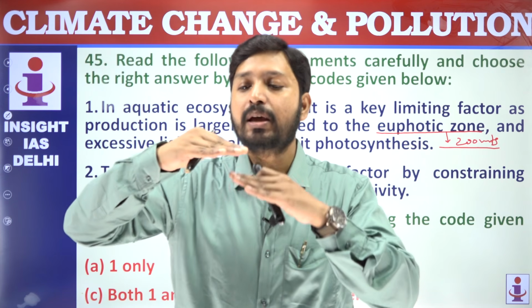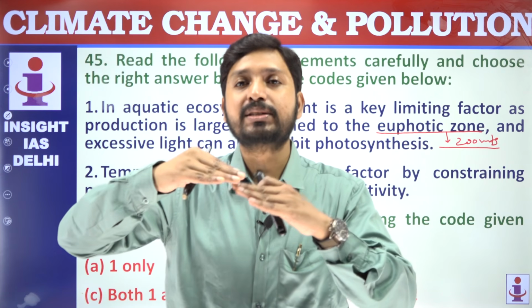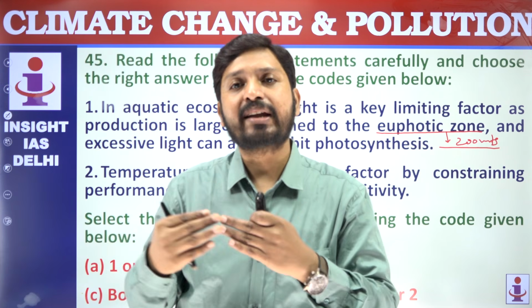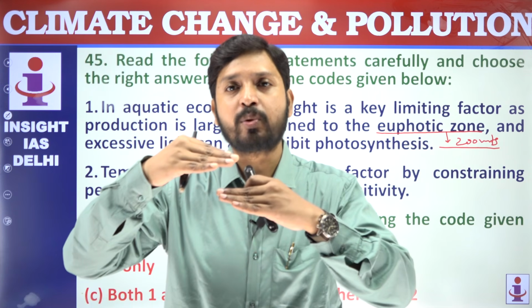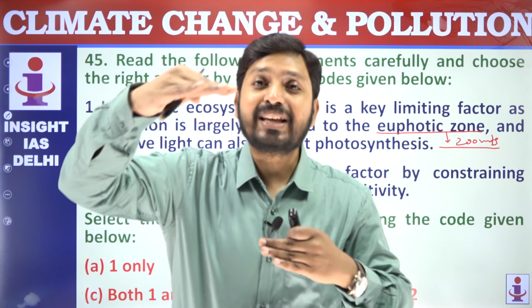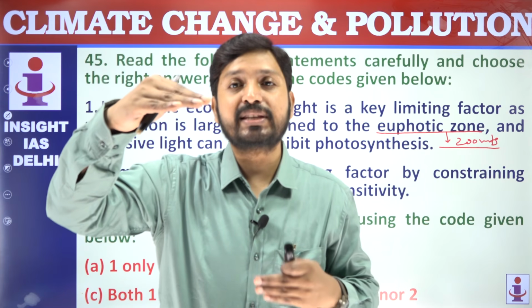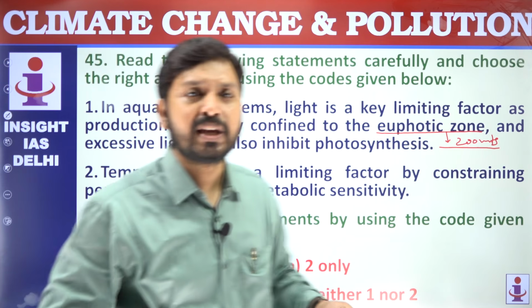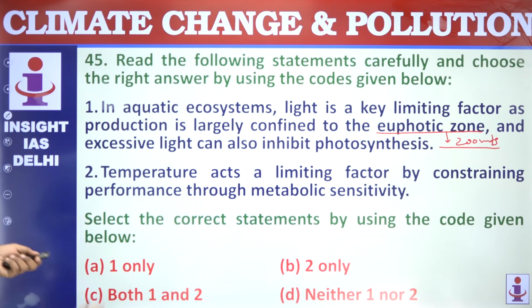Within the top 200 meters, light is generally sufficient for photosynthetic activity. On the surface and below 200 meters very few species are seen, but within this 200 meters we can see a lot of activity. So this is the right statement.